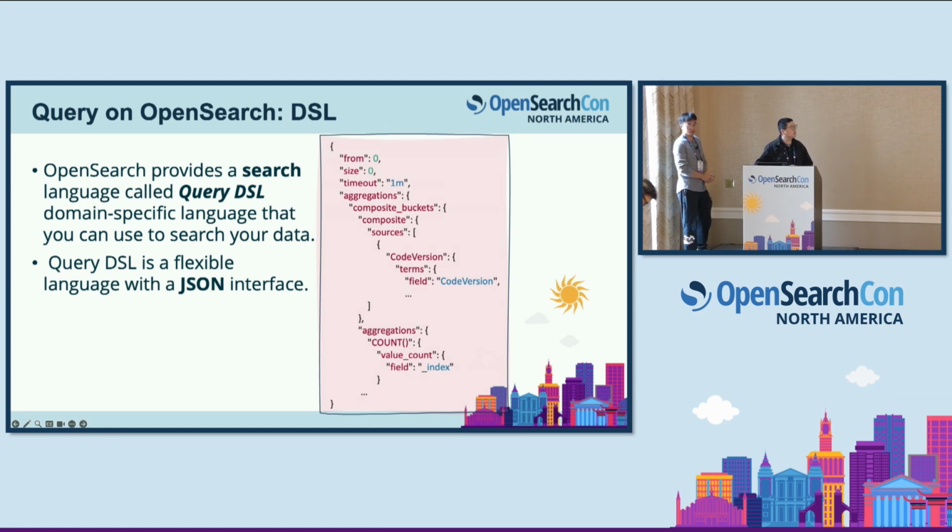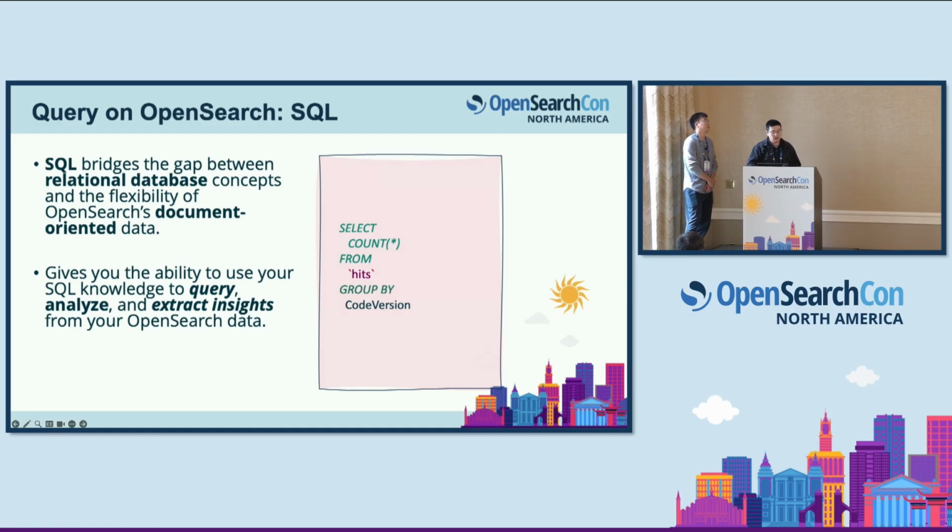As you know, OpenSearch provides a specific search language called query DSL. DSL is flexible with the JSON-based interface. Here is an example for the DSL. And we also provide a SQL interface, which bridges the gap between the relational database conception and the document-oriented data.